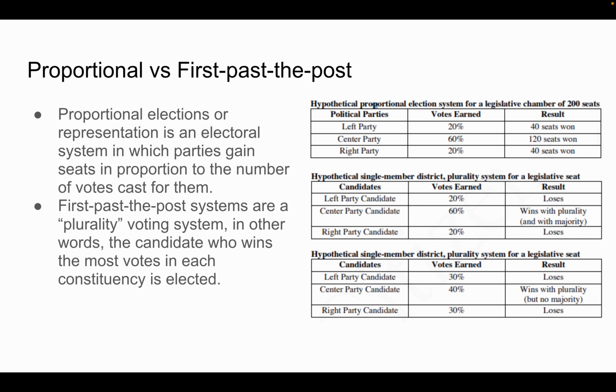On an actual ballot, those would list the actual names of the political parties for the country. You see the percentage of votes earned, resulting in the proportion of total seats in the right-hand column.